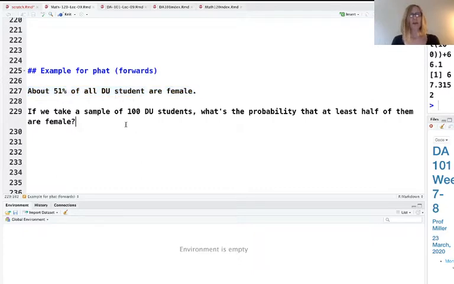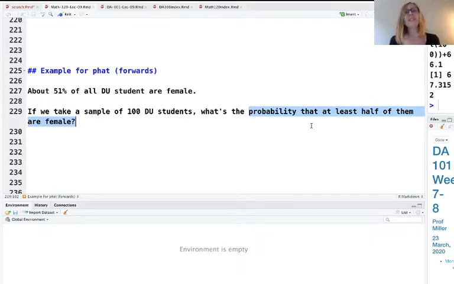The setup here is very similar to what we saw last time. We're taking a sample of 100 students, and we're wondering what's the probability that at least half of them are female. Just like last time, this is a question about a proportion, about a sample result.